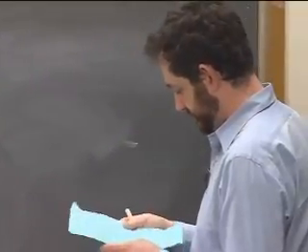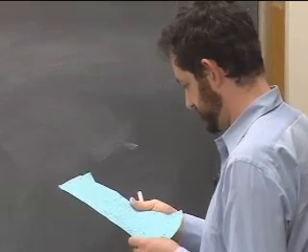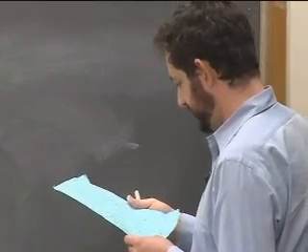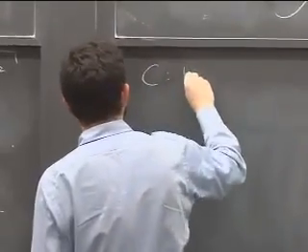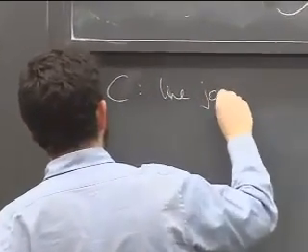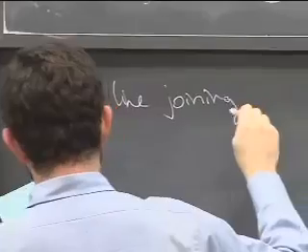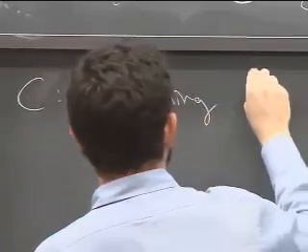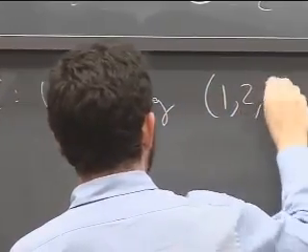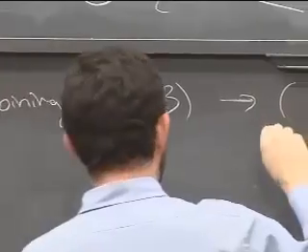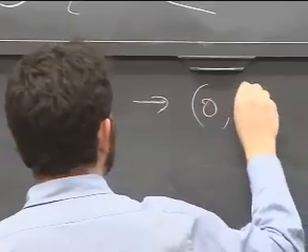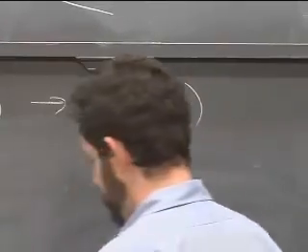So, for example, here is one from the textbook. Let C be the line joining, actually, this is not a two-piece example, it's just a one-piece example. So, it's the line joining 1, 2, 3 to 0, minus 1, 1.